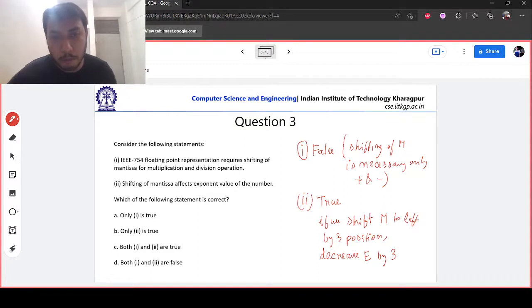So shifting by three positions means we are changing the number by a factor of 8. As a result, we need to decrease the exponent by 3 to maintain the correct value. So the correct answer in this case is option B.